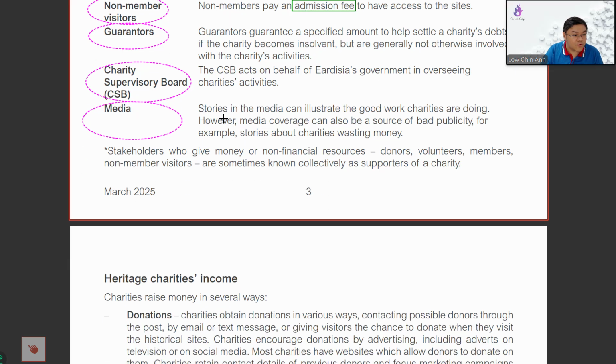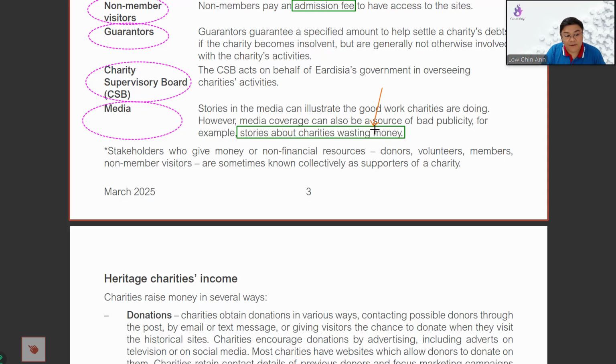Media, they say stories in the media can illustrate the good work of the charities. However, media coverage can also be a source of bad publicity, like charity wasting money. I think you already can see some leads or indication of this kind of potential problem.